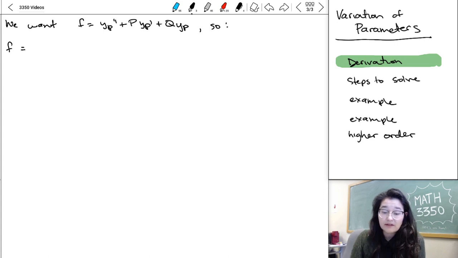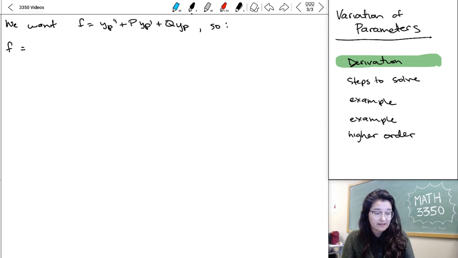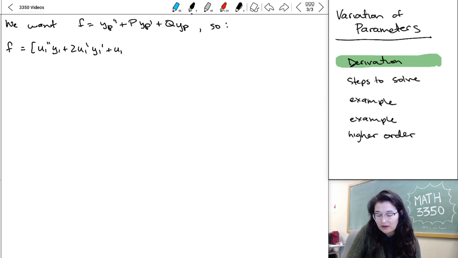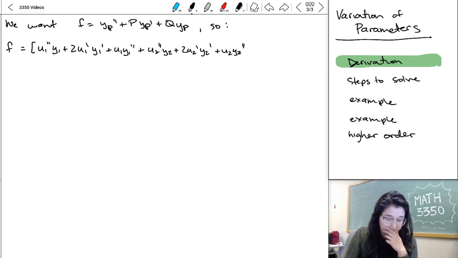So f, whatever's on the right-hand side, is going to have to be equal to y double prime, which was that very long derivative, u1 double prime y1 plus 2u1 prime y1 prime plus u1 y1 double prime plus u2 double prime y2 plus 2u2 prime y2 prime plus u2 y2 double prime. That's yp double prime.